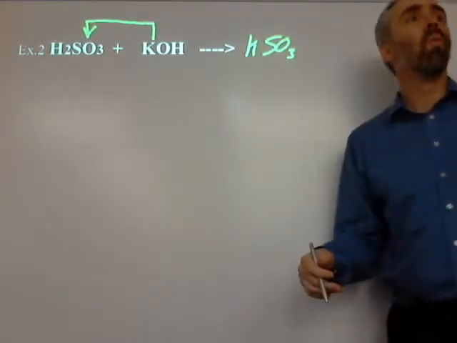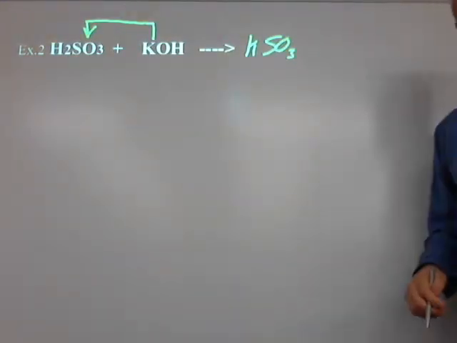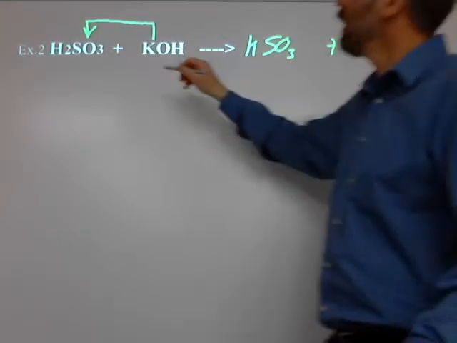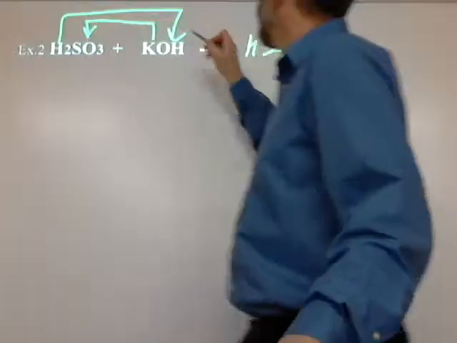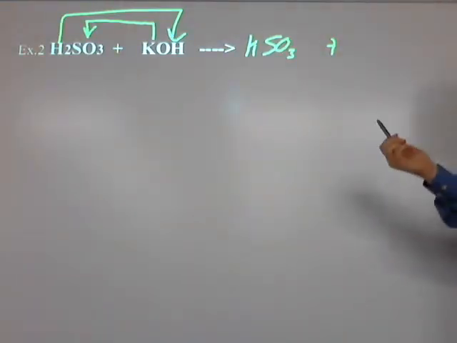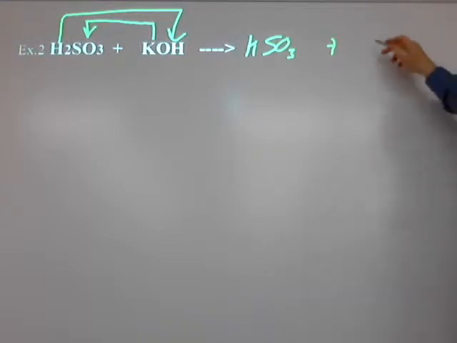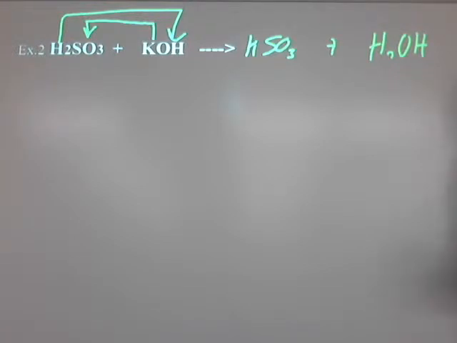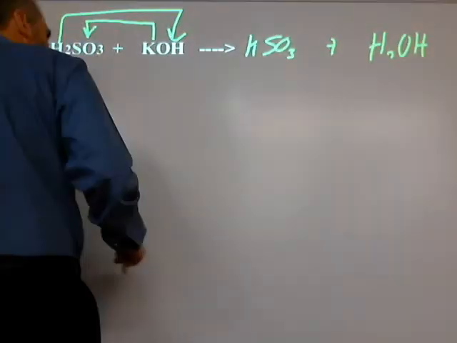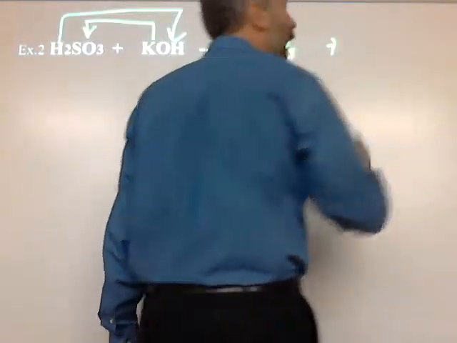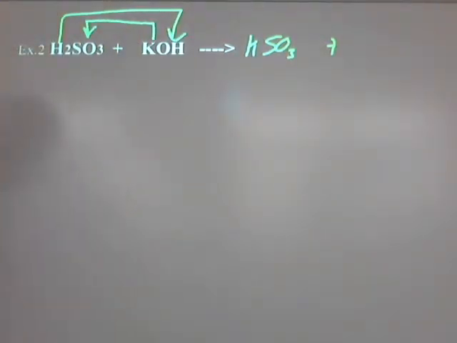Water. Now, some of you are going to make a brand new formula for water. Emily just said it. We're going to make it H2OH or H3O. No, we're not. What's the formula for water? The formula for water is H2O, and it's the formula for water in this problem as well.